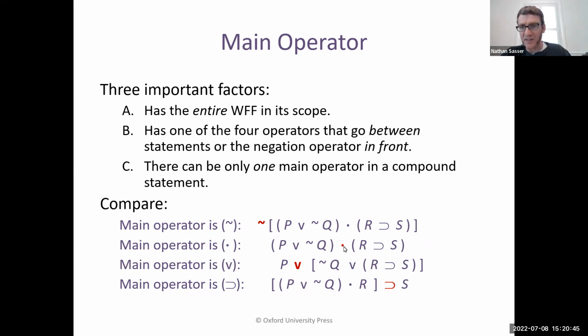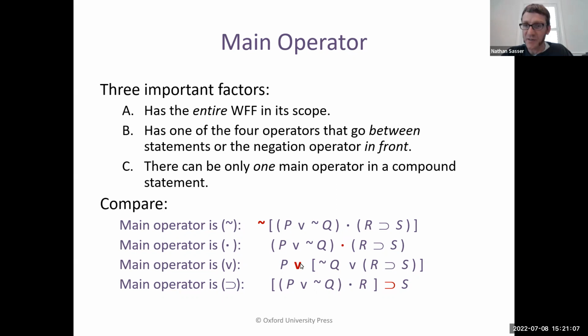In this case, it's the dot, the conjunction. Why? Because the two statements that it's conjoining, the two conjuncts, are these parenthetical statements, which include everything else in them. There's nothing outside of these two conjuncts that it joins together. So this is the main operator.